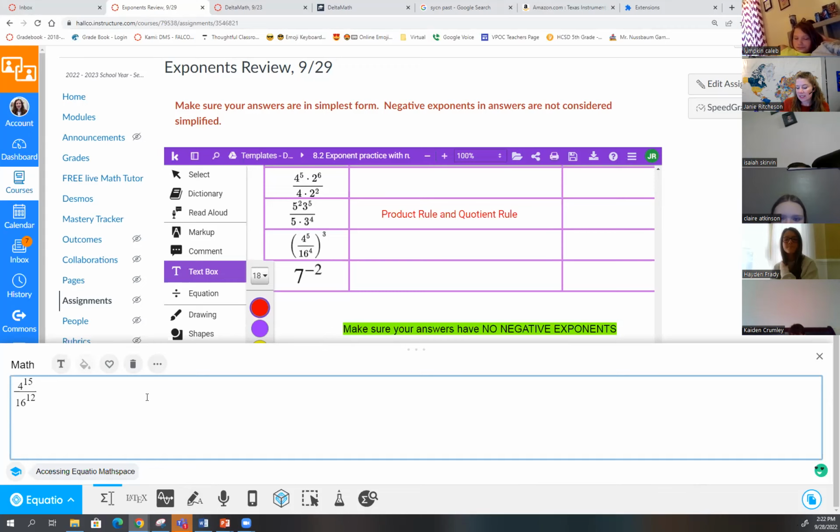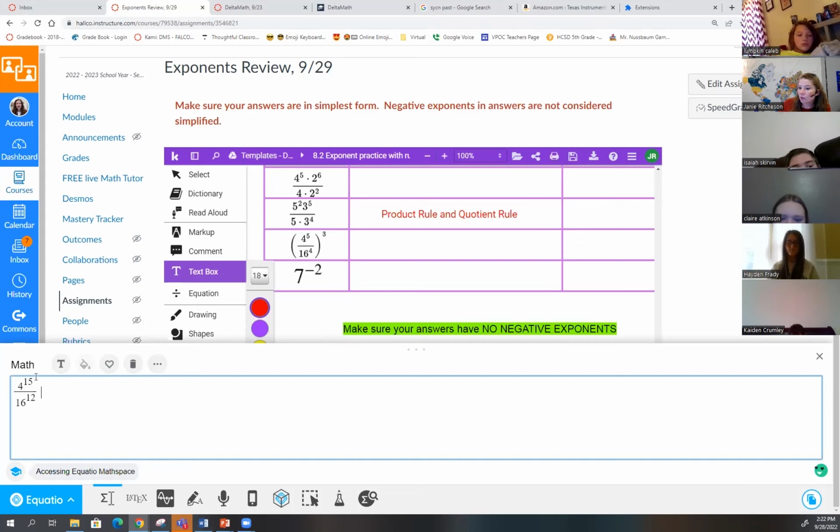Well, I'm wondering if it's the same thing if I, let me try it real quick. If I did 1 to the power of 15 over 4 to the power of 12, is it going to be the same answer? No, it isn't. I can't do that. All right, so that's the final answer because I can't simplify it any further, because those bases are not the same.